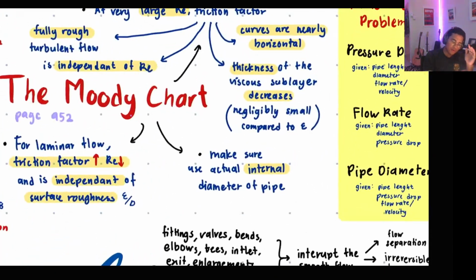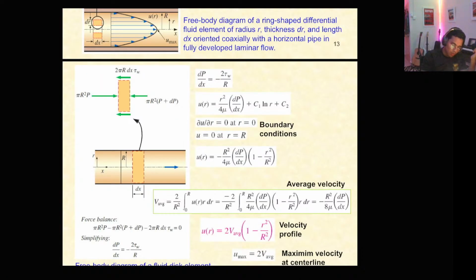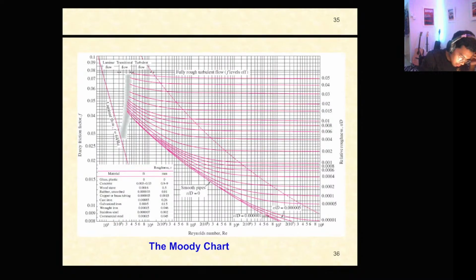Okay, now we move on to the Moody chart. The Moody chart is another way to find the friction factor. So how do you find the friction factor? Okay, let's go. Where is the Moody chart? Here. I see. Reynolds number.